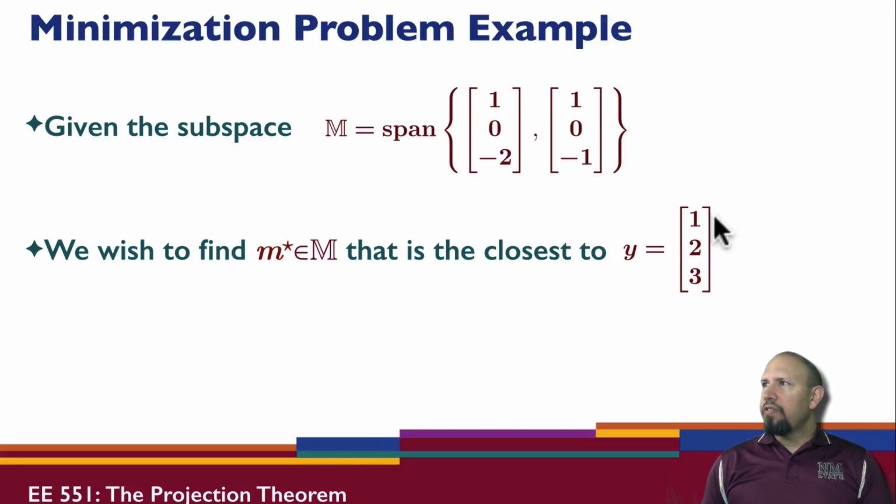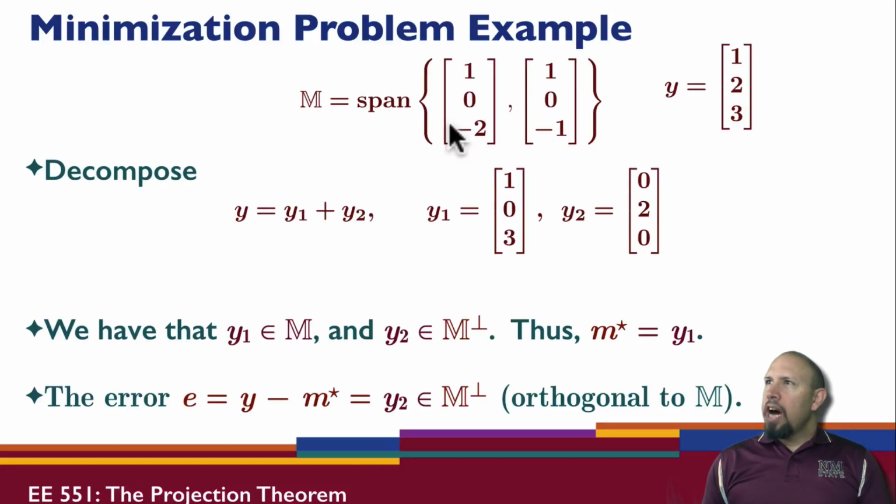We can see that this vector is not in this subspace because everything in this subspace has 0 as a second element. Okay, this does not have 0 as a second element. So we now decompose y into two vectors: y1, which has the 0 in the middle, and y2, which is non-zero in the middle and 0 everywhere else.